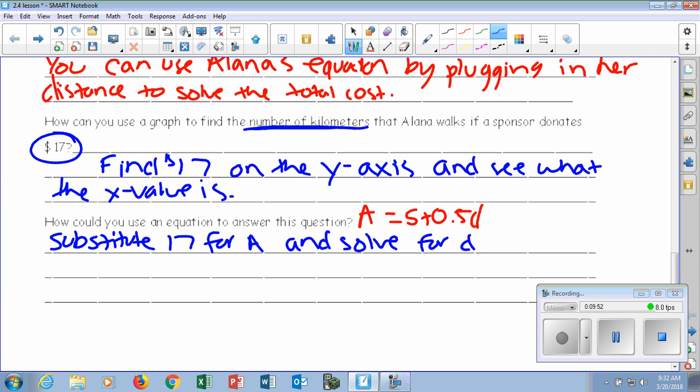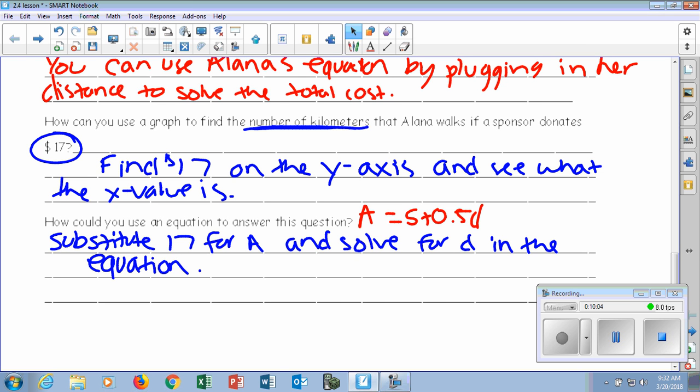Good job. So I used a vocabulary word, Ava. Instead of plugging in, we can always say substitute. So I can substitute 17 in for A and then solve for what our D is by using the equation. So it's exactly the same. I just wanted to let you know. It's exactly how we could do it.